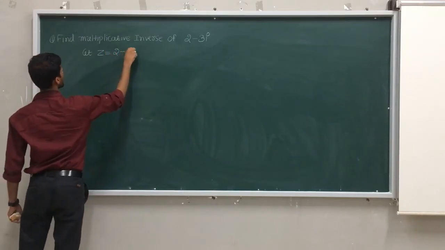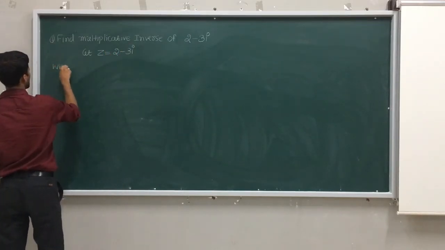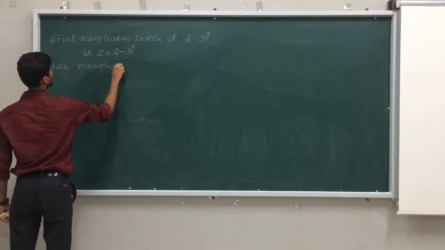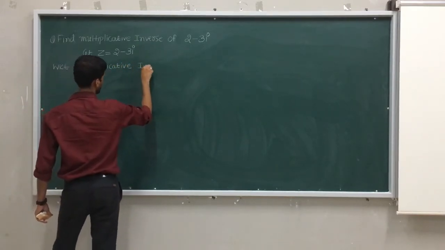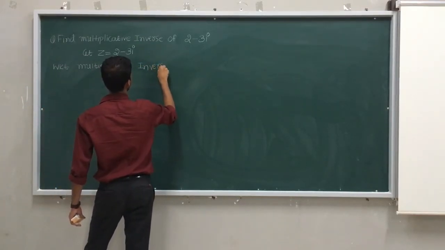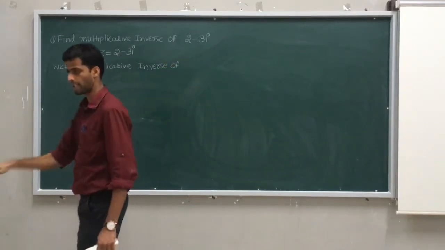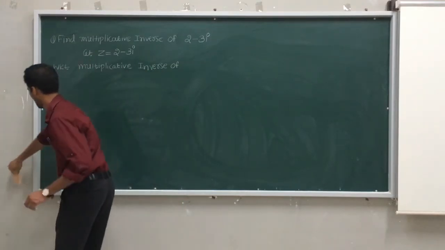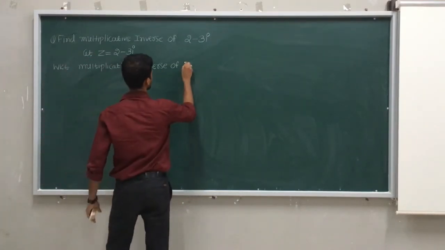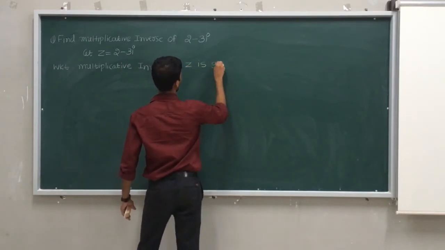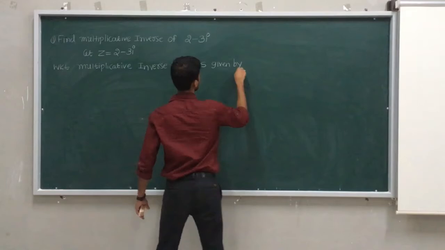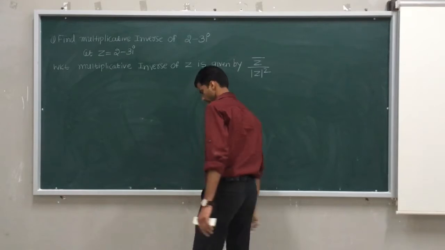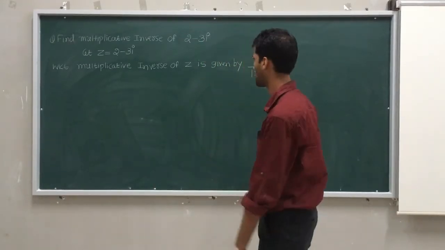We know that the multiplicative inverse of z is given by z bar divided by mod z whole square. So this is the formula which we just revealed.